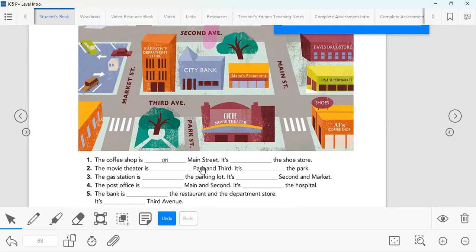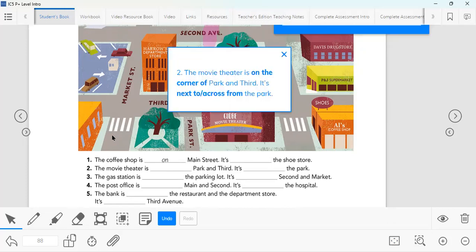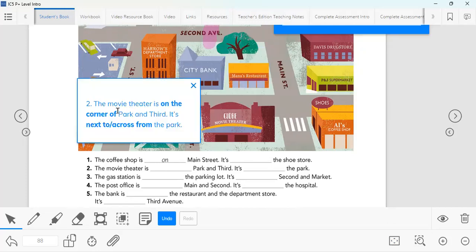Anybody who can help us? If I have two places, yes? On the corner of. Correct. Because we have two places. Look, Mr. Rivera, park and third. So the movie theater is on the corner of, because I have two places, Park and Third.